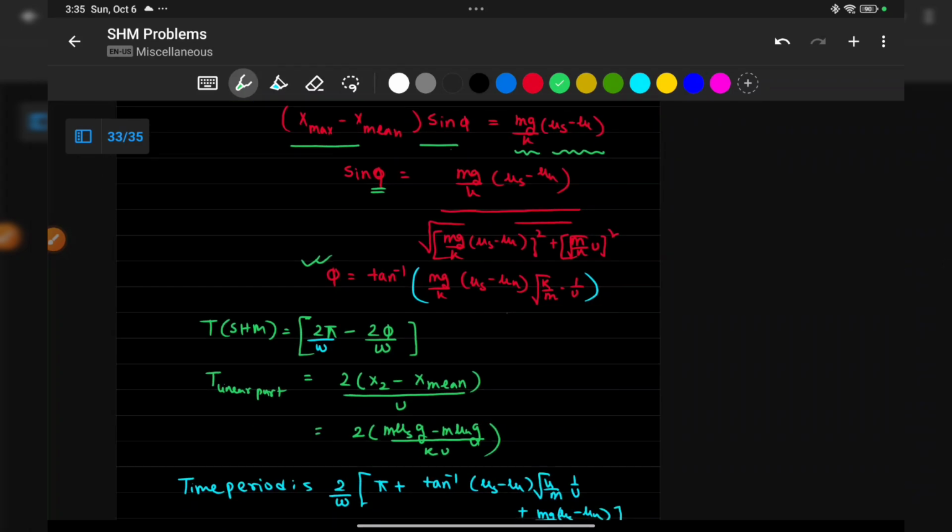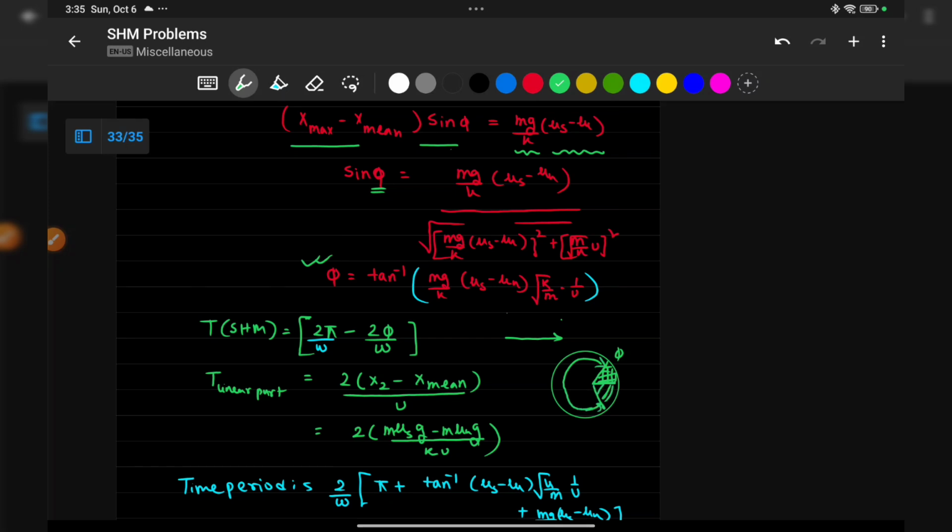If this is a phasor and this is phi, you just cancel this part, and then again you just cancel these two parts. Yes, you just remove this part from the SHM.